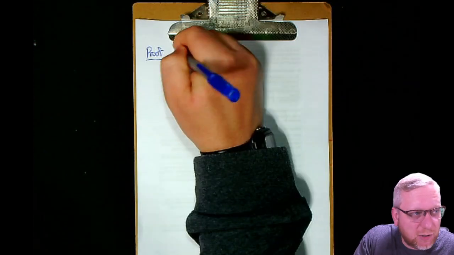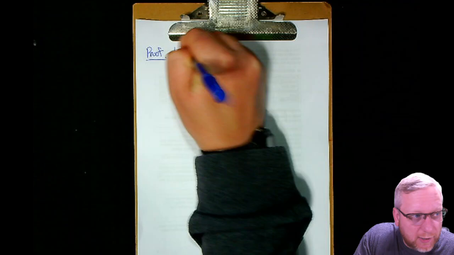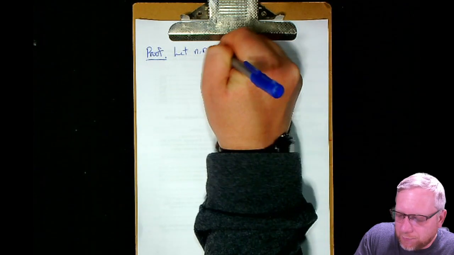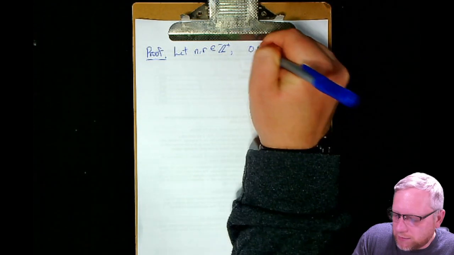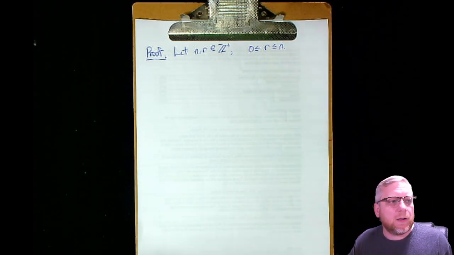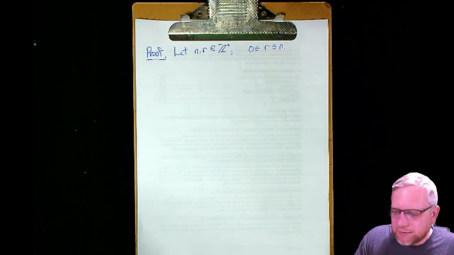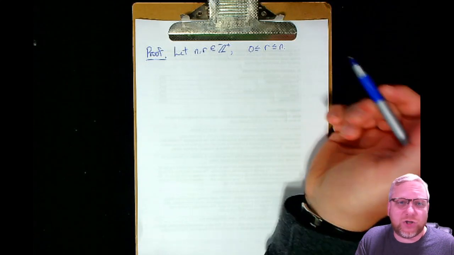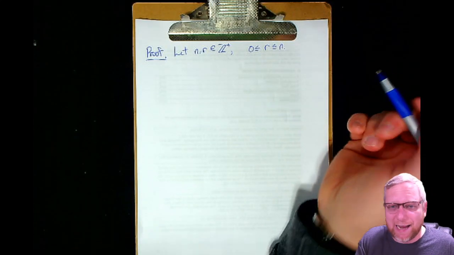If we're going to start the proof, first off, let's use universal generalization and create our n and r. So let n and r be in Z plus with 0 less than or equal to r less than or equal to n. Then what I'm counting is n plus 1 choose r. That's what I'm interested in counting.